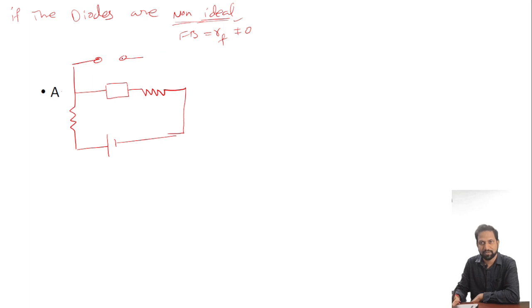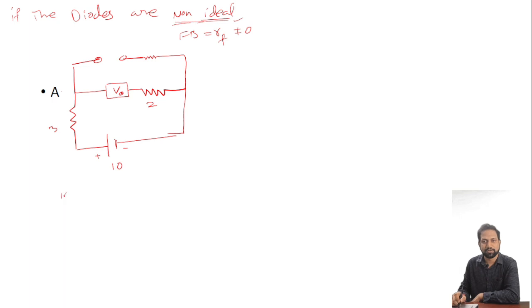This is 3, 2 or maybe something like that, and this is the threshold voltage. The supply voltage is 10 volts. Then you have to consider the threshold voltage V naught.